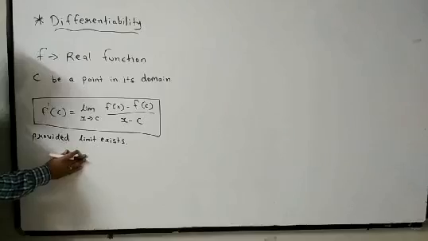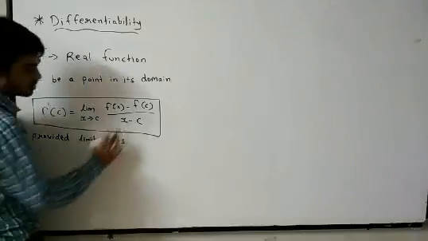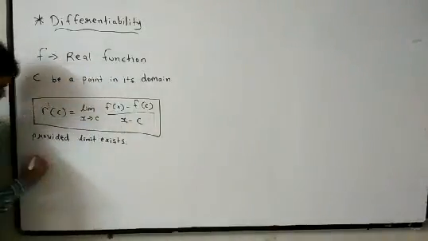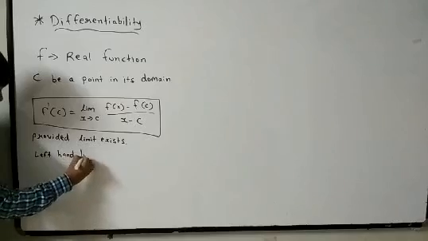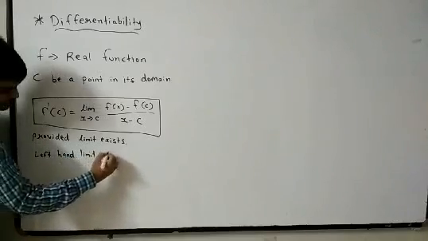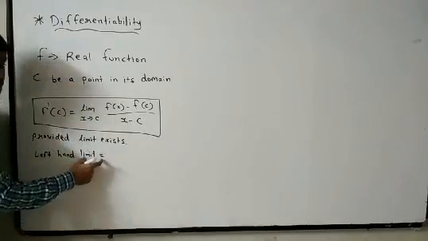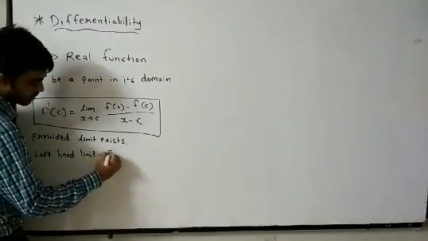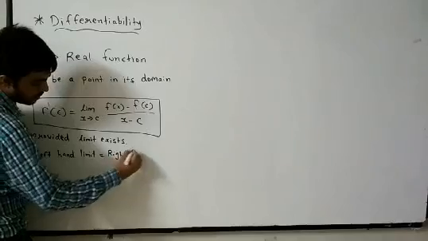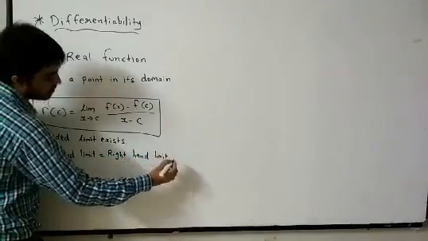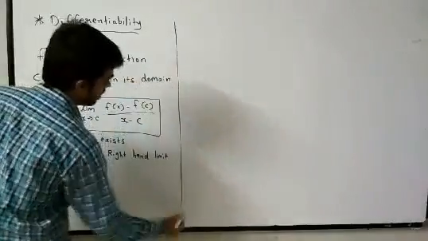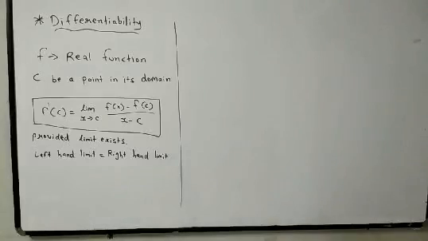Limit exists means for this function, x not equal to c, left hand limit must be equal to right hand limit. Okay, left hand limit must be equal to right hand limit, right?